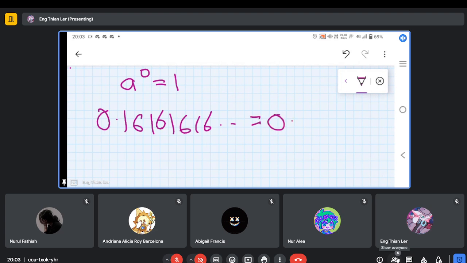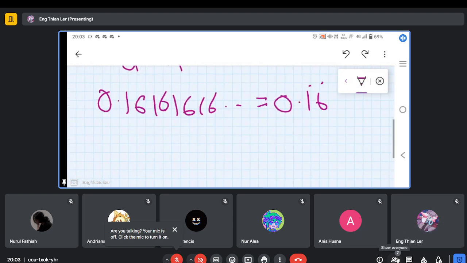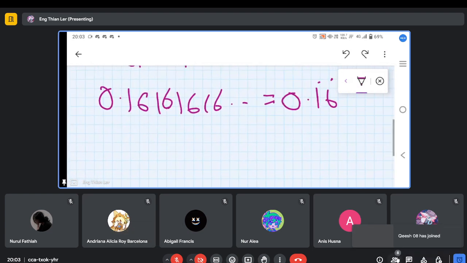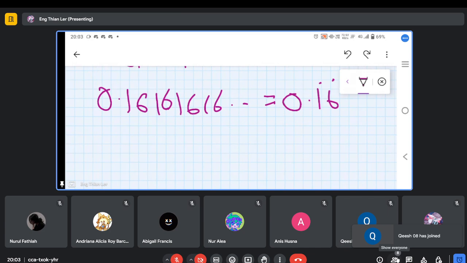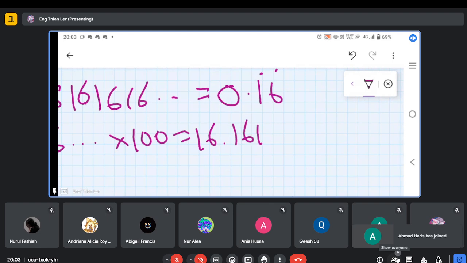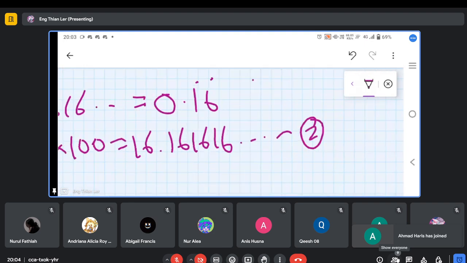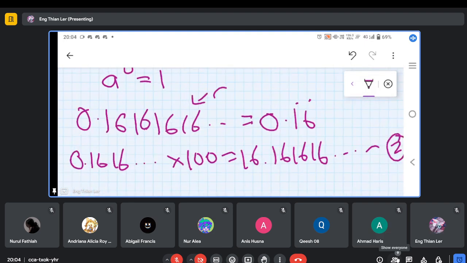This can be written as 0.16 with two dots above, meaning the 1 and 6 are repeating. Now we're going to multiply by 100. So 0.1616 dot dot dot multiplied by 100 will be equal to 16.161616. This will be equation 2, and this will be equation 1.